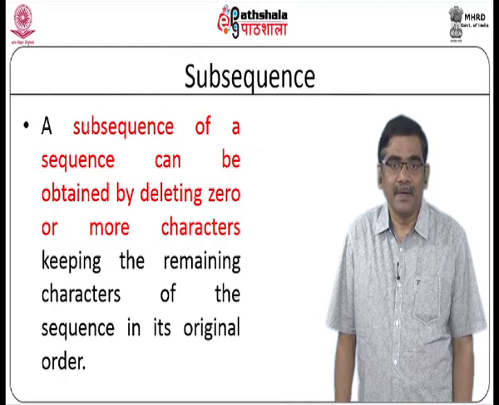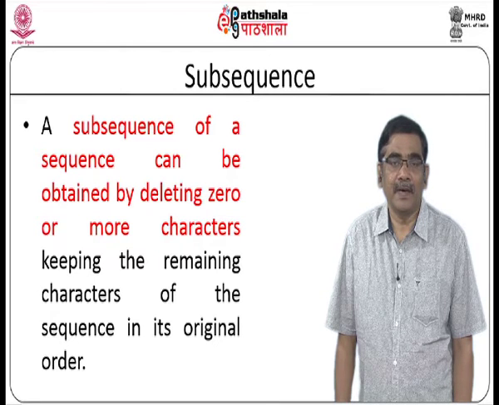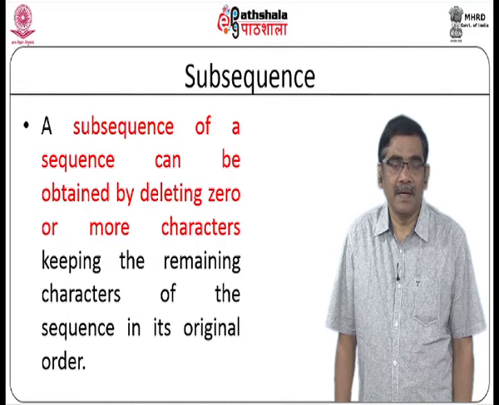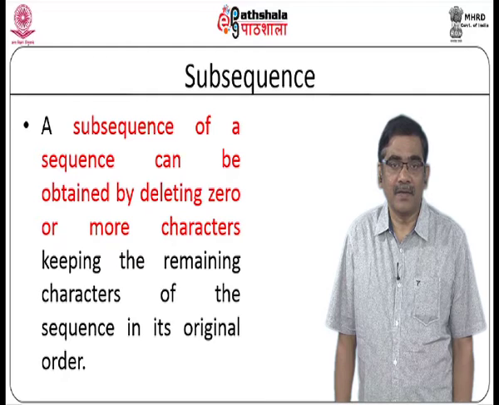If I delete all the characters, then we have a string called the null string, which is denoted epsilon. In other words, we have to feel comfortable with the jargon: a string is a sequence of characters, and a subsequence is a subset of characters obtained by deleting zero or more characters in the string.